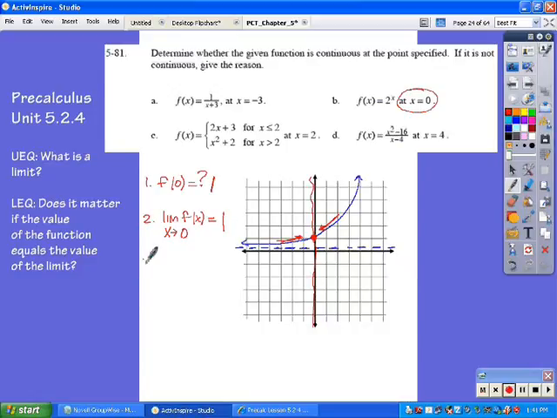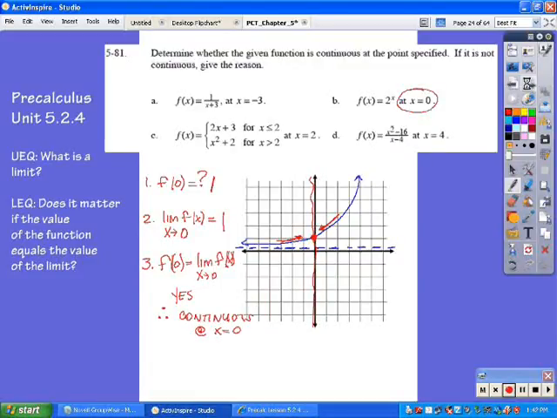Finally, does the value from part 1, f of 0, equal the limit from part 2 as x approaches 0? The answer there will be yes. Therefore, this graph is continuous at x equals 0.